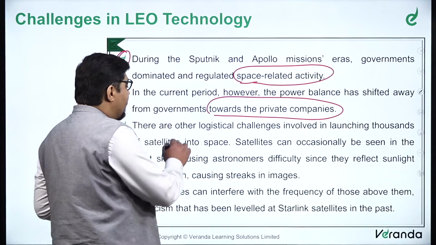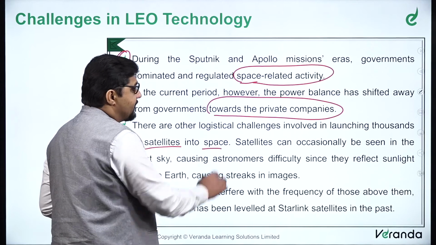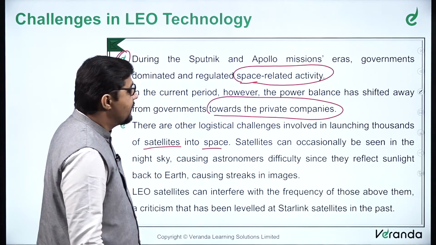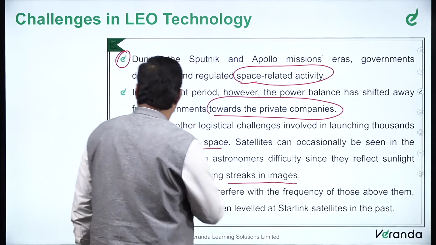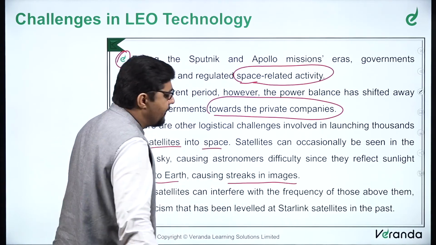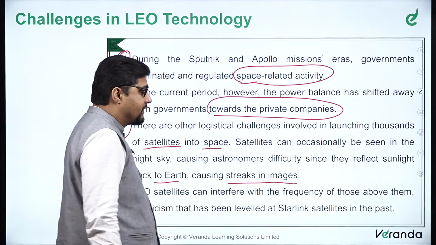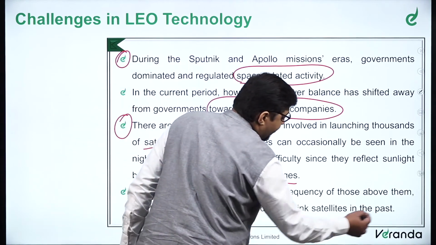There are other logistic challenges involved in launching thousands of satellites into space. Satellites can occasionally be seen in the night sky, causing astronomers difficulties since they reflect sunlight back to Earth, causing streaks in images. So there are certain technical difficulties, but they will be overcome in the times to come. Then LEO satellites can interfere with the frequency of those above them, a criticism that has been leveled at Starlink satellites in the past.